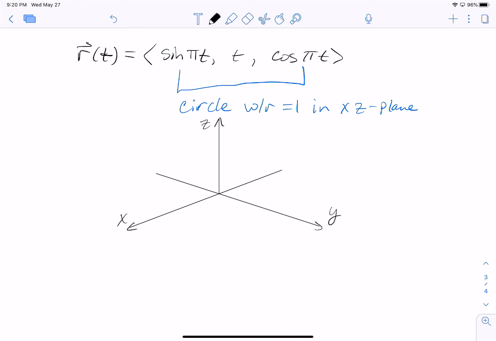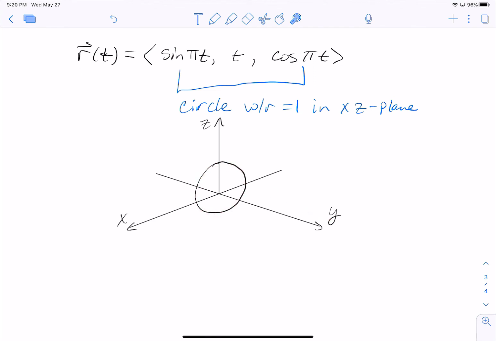Now I'm going to erase what I'm about to draw in a minute, but when we say that there's a circle in the xz plane, what I really mean is a trace is a circle in the xz plane. That's our circle, but we take on different values of y. So basically, we need to take this circle, but stretch it out.